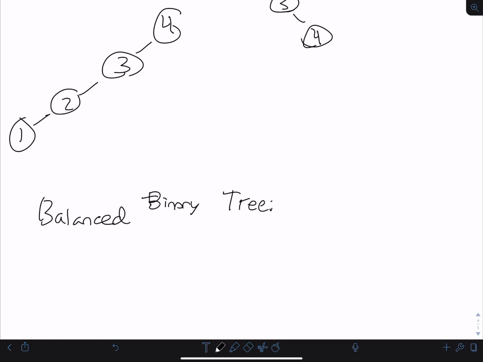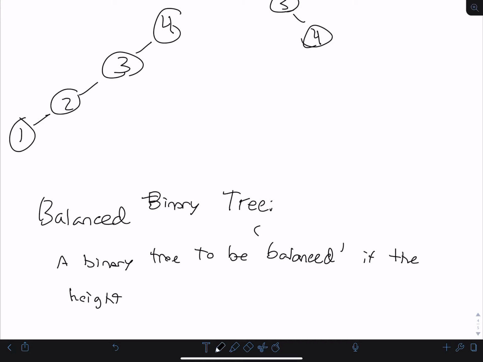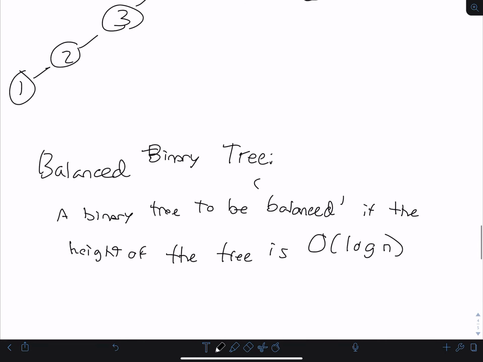So we consider a binary tree to be balanced if, not when, if the height of the tree is O(log n), where n is the number of nodes.